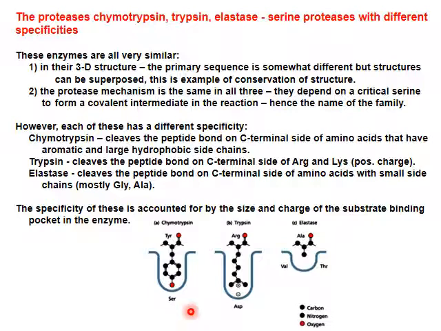Some of the leucines and isoleucines can probably bind in there and fit and have some affinity as well. Trypsin, notice its binding pocket is a little bigger, longer, and it has a negative charge at the bottom. There's an aspartic acid down there that's deprotonated. So it allows for charge-charge recognition. So trypsin cuts at lysine and arginine residues.